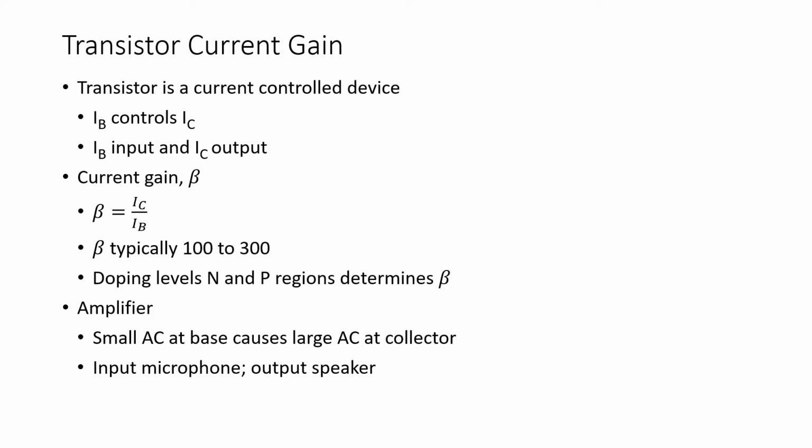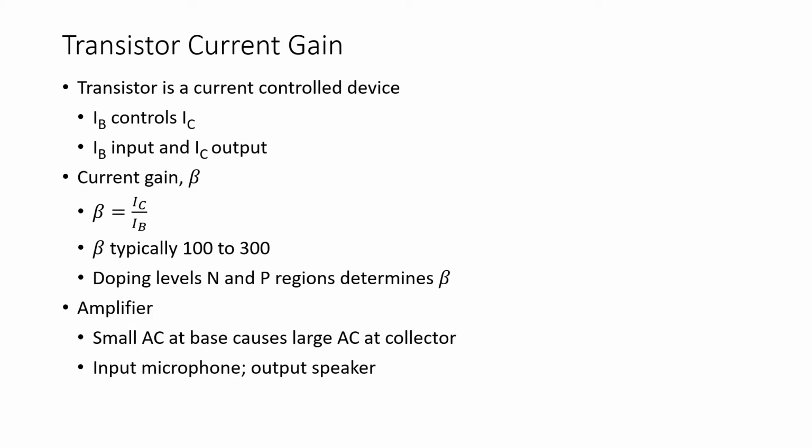The base current is the input and the collector current is the output. Current gain is symbolized with the Greek letter beta, and mathematically beta equals the collector current divided by the base current. For most transistors, beta can range from around 100 to around 300.